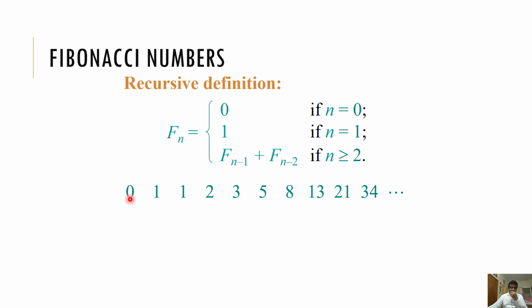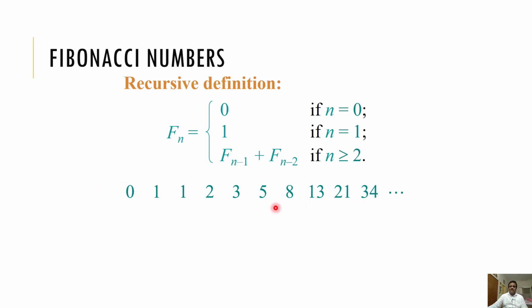So basically we have this. This is the 0th Fibonacci number, F0, this is F1, and the next one is this plus this. So F2 is F1 plus F0, and then once we have this, to get the next we add the previous two: 2 plus 1 is 3, 3 plus 2 is 5, 5 plus 3 is 8, 8 plus 5 is 13, and 13 plus 8 is 21, like this.